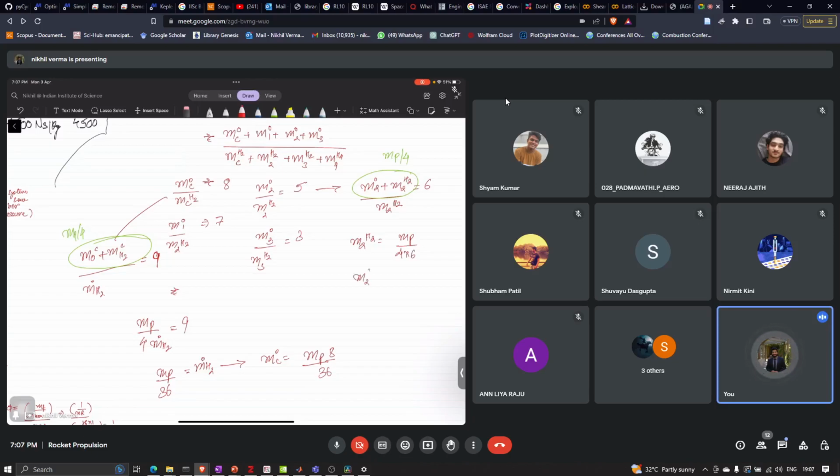The mass of the oxidizer is mp 5 mp by 24. So this is in the second part, this is for the core.